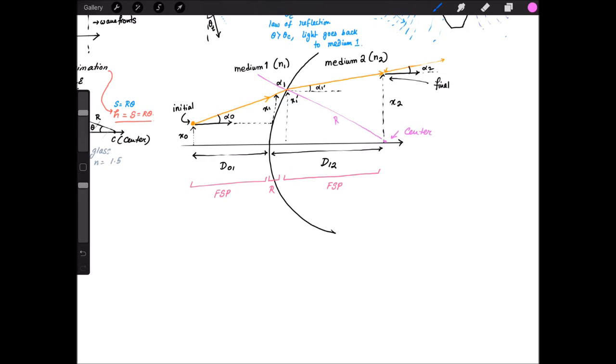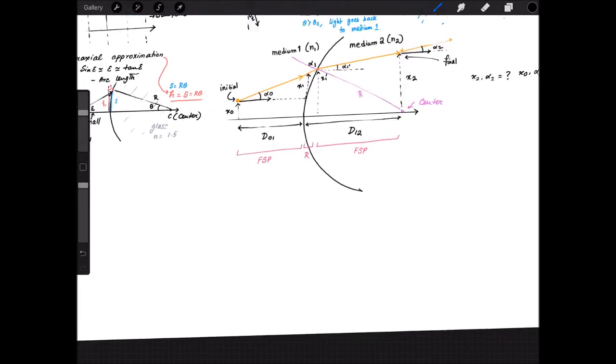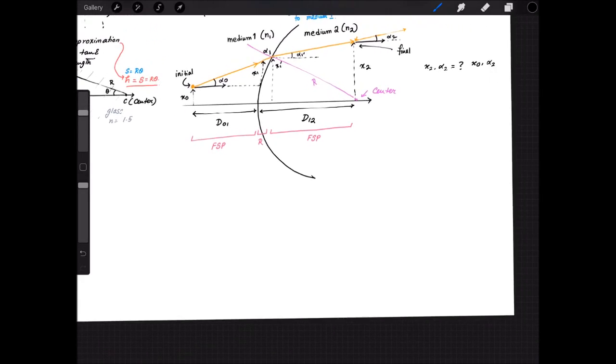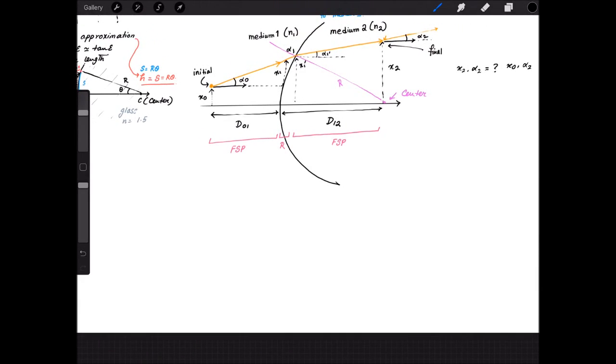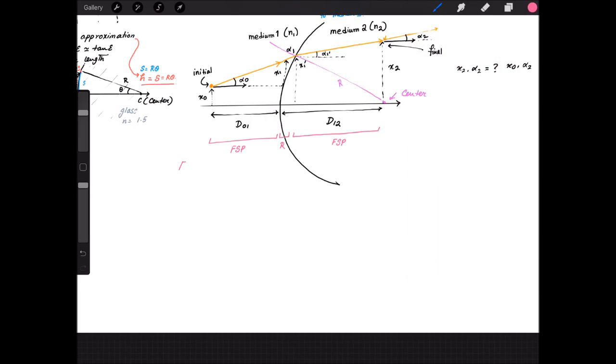So we want to find out how x2 and alpha 2 are related to x naught and alpha naught. So firstly, I'm going to write the equation for the free space propagation. So free space propagation.